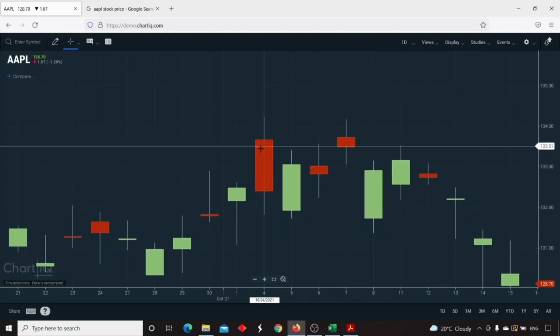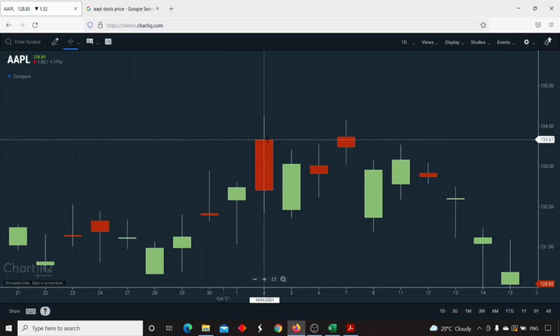So this is an example of a bullish candle. Now let's see a bearish candle. So this is a red candle, a bearish candle. So the price opened here. It went all the way up. Initially, everyone thought it is making a green candle, but from there it fell all the way around, making an upper wick, and then fell again.